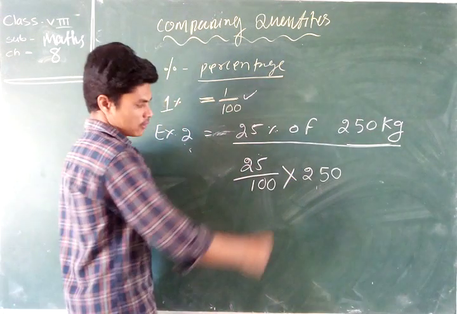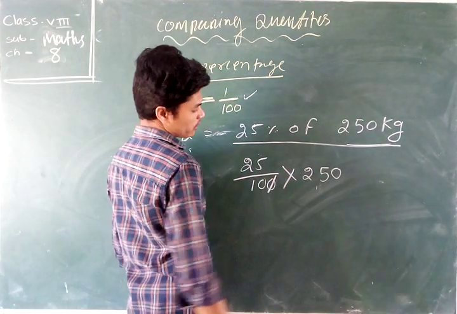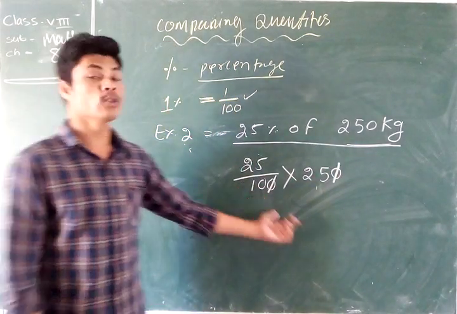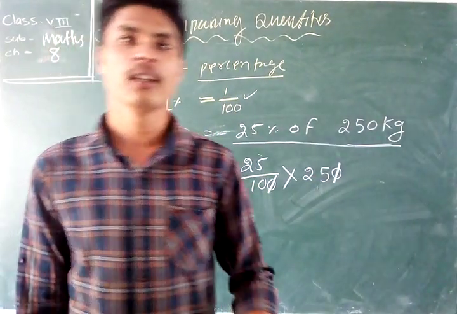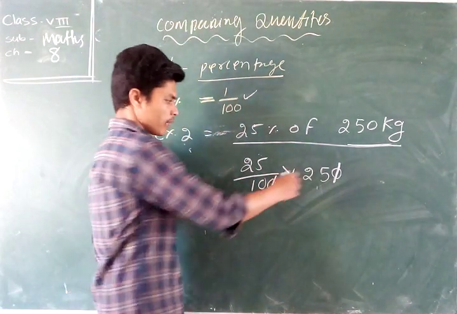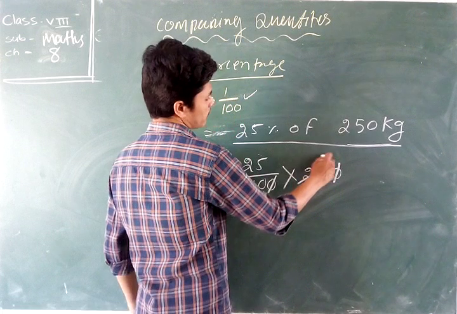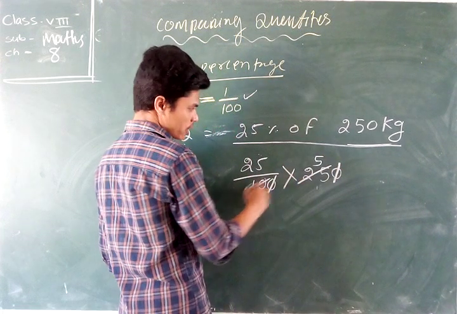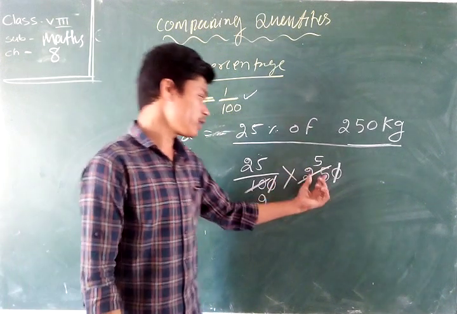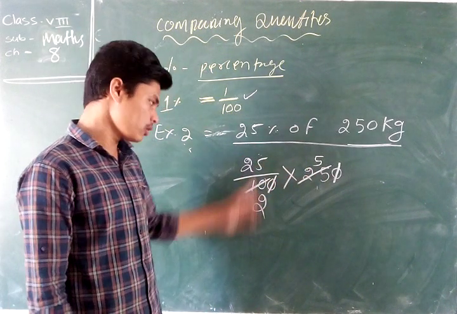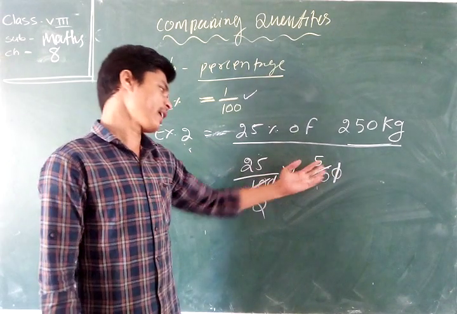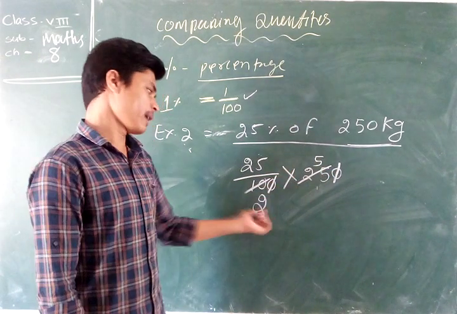Now one zero is cancelled with the other zero. We know the divisibility rule of 5, so we can divide by 5. If the numbers are divisible, you can divide both numerator and denominator. 5 fives are 25, 5 twos are 10.